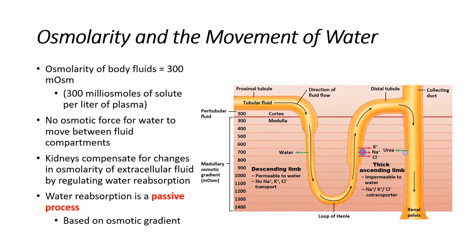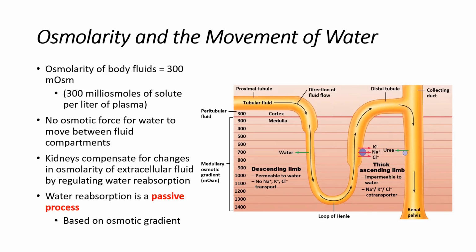Okay, so the kidneys are then going to compensate for changes in our osmolarity by changing how much water is reabsorbed. So what that means is that if my plasma becomes excessively higher in osmolarity, so more solutes than water, the kidneys are going to reabsorb more water to balance out that plasma osmolarity.